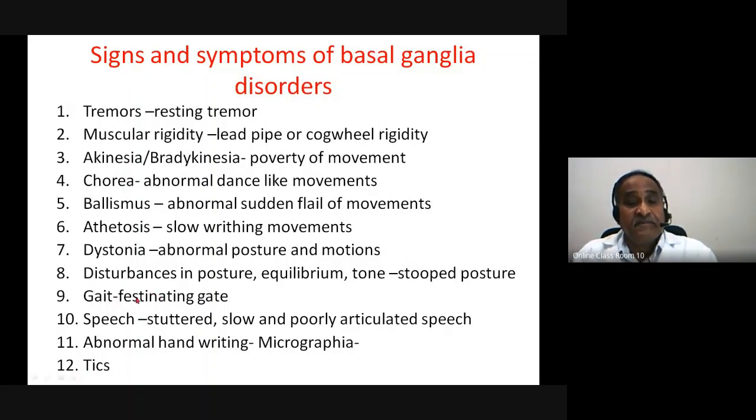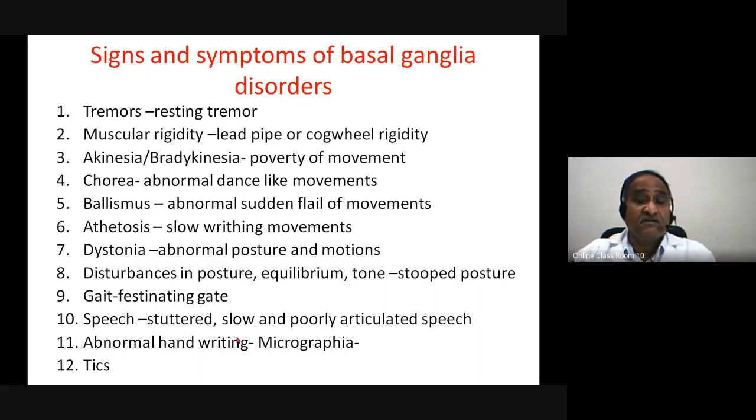It is the festinating gait, as though the person is counting the steps. These are short, slow steps, one after another, the festinating gait. Then the speech, because of the akinesia, the rigidity, and the tremors, is stuttered, slow, and poorly articulated. So speech disorders. Then the writing disorder. He is not able to write fluently.